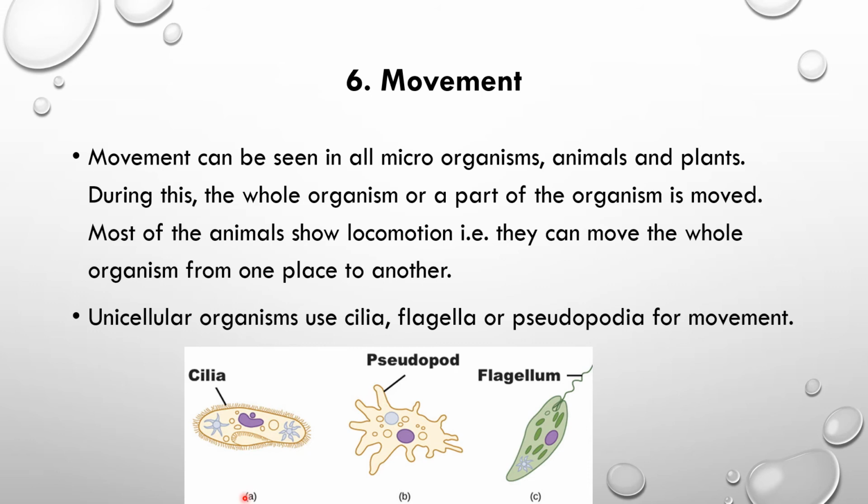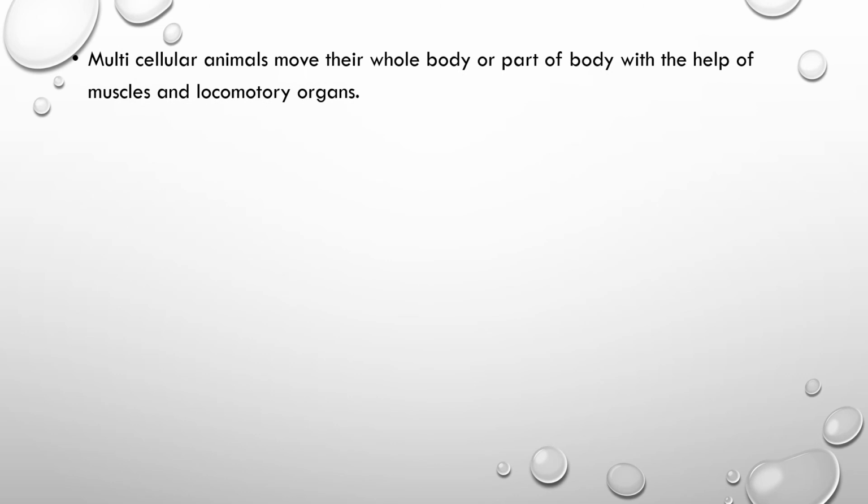In this diagram it shows cilia and pseudopodia and flagellum of unicellular organisms, which are used for movements. When considering multicellular organisms, they show different forms of movements, and for showing movements they use their special locomotory organs and muscles.